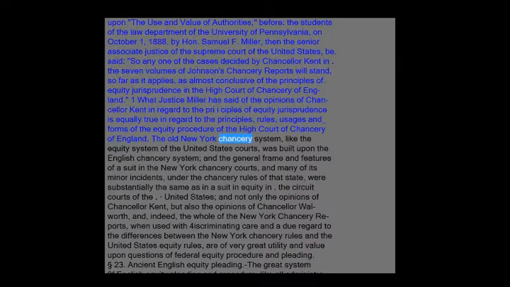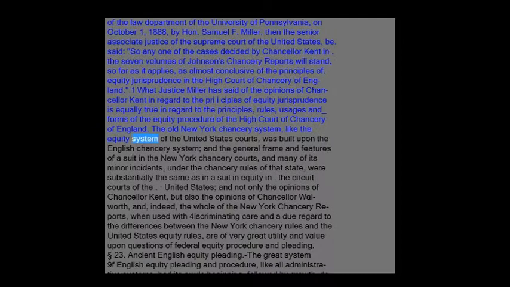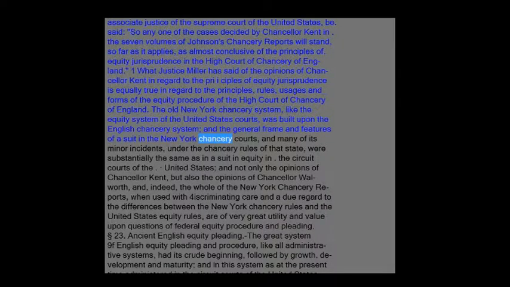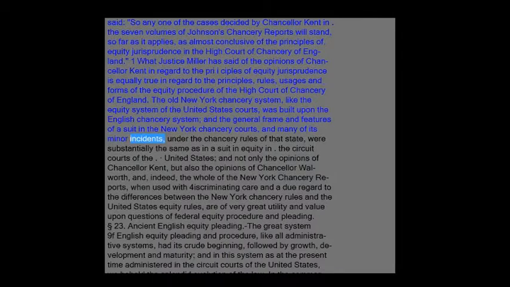The old New York Chancery system, like the equity system of the United States courts, was built upon the English Chancery system, and the general frame and features of a suit in the New York Chancery courts, and many of its minor incidents, under the Chancery rules of that state, were substantially the same as in a suit in equity in the circuit courts of the United States.